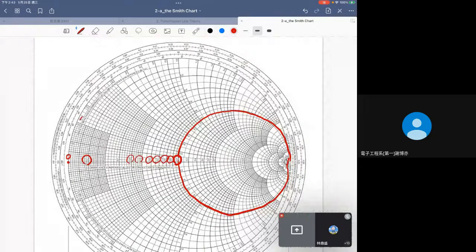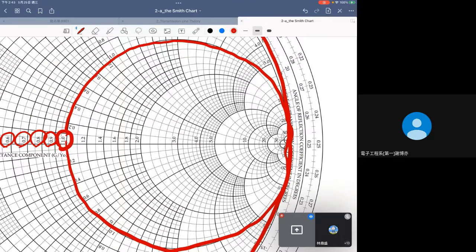For the circle outside, RL equals 0, and for this one is 1.0, 1.2, and it's getting larger and larger.